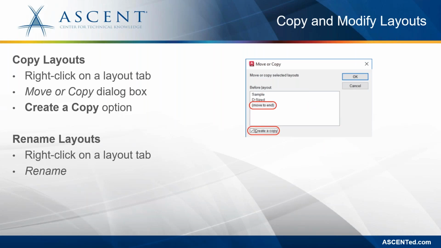Now, when you're working with projects, we talk about the layouts. The grips was the fourth objective. Now is the fifth objective for today, which is about copy and modify layouts.